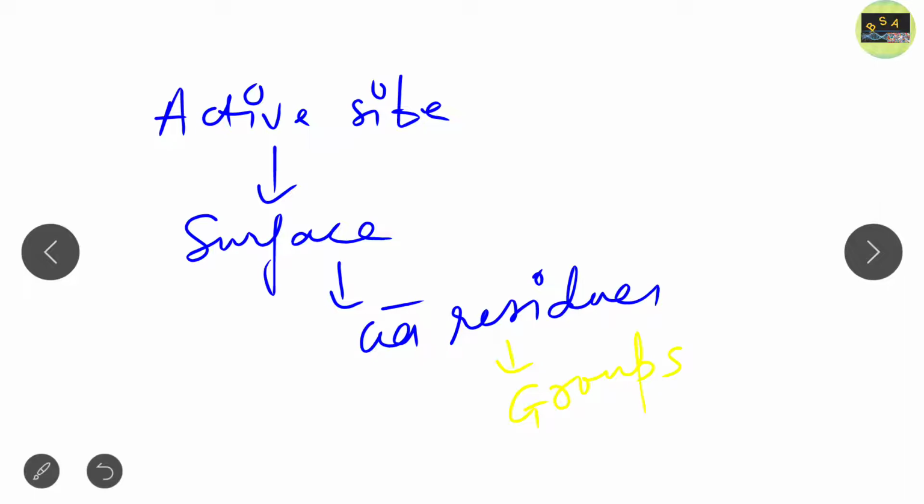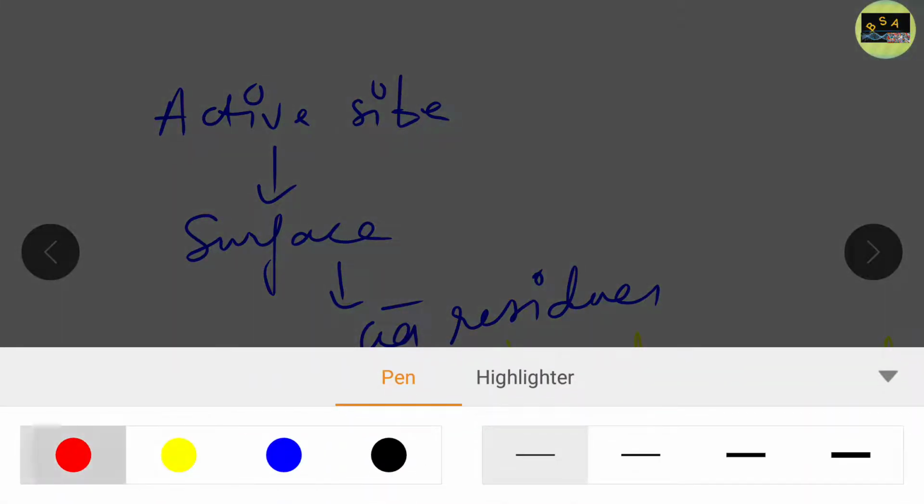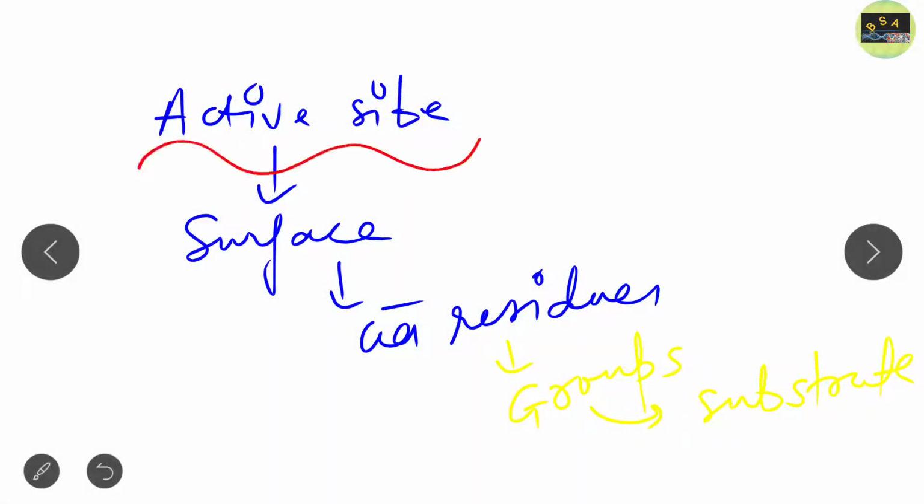Within this group a substrate basically binds, and the enzyme catalysis takes place. That's why the active site of an enzyme is substrate specific. Now I hope you get the concept clear of why the active site is substrate specific.